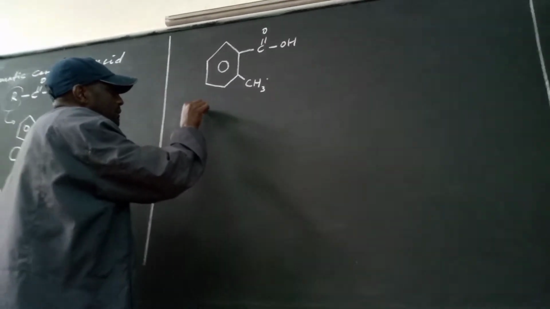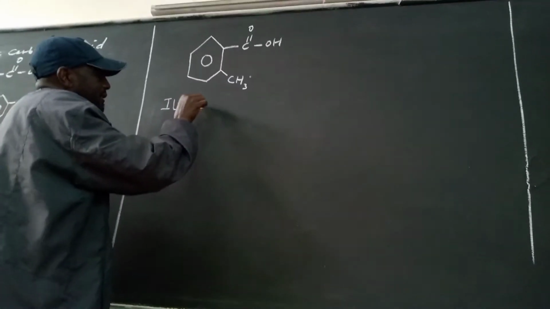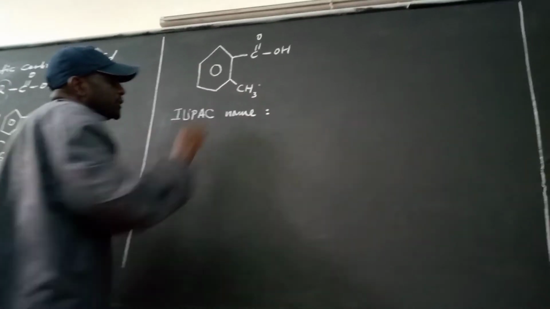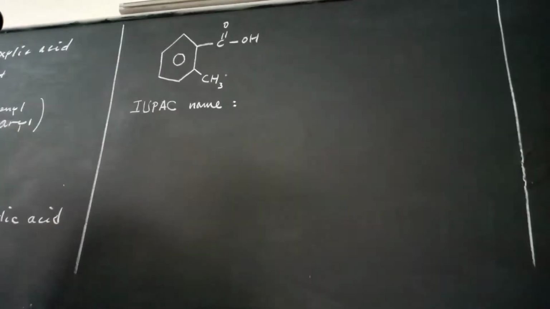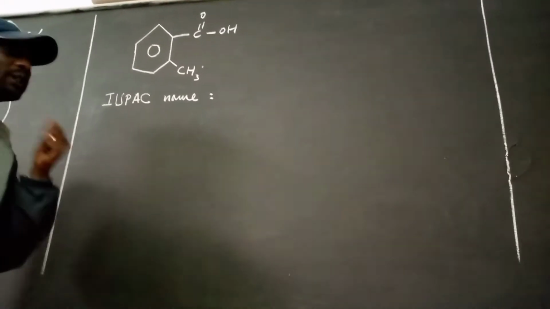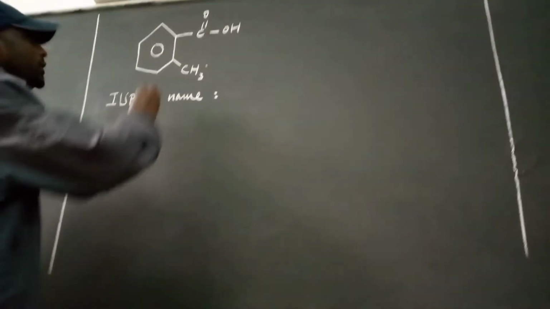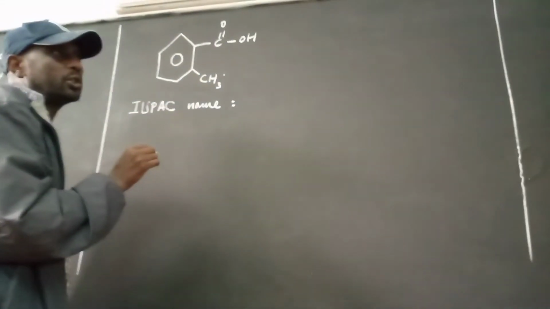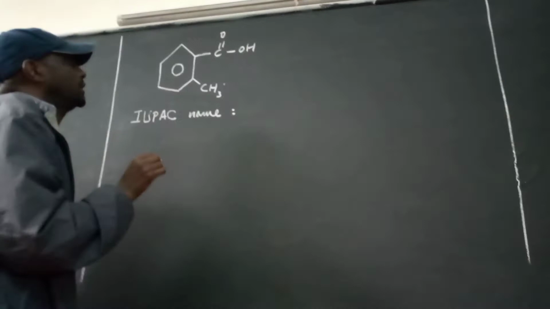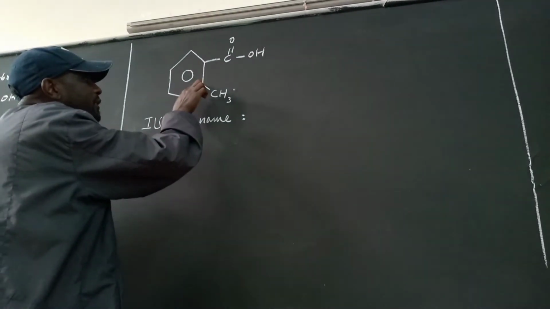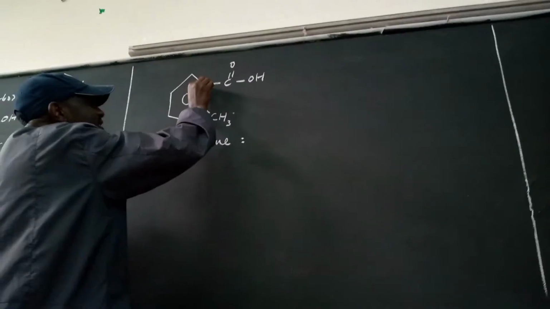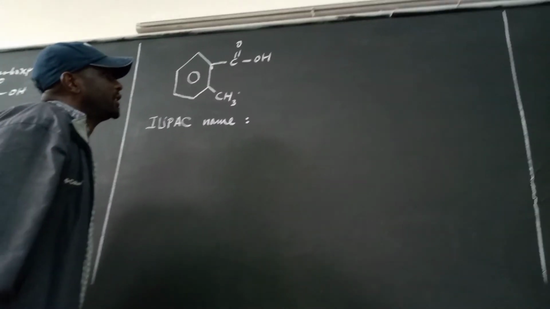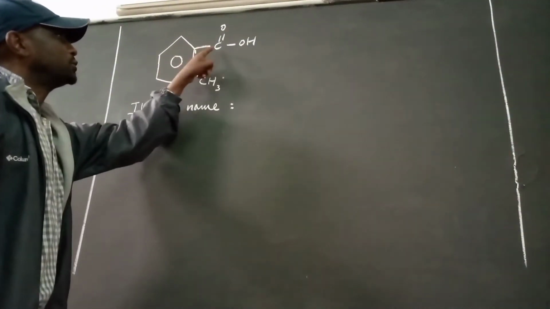The IUPAC name for this one: we have to give a number to know the position of the substituent or the side chain. The first carbon is always the carbon attached to the functional group.